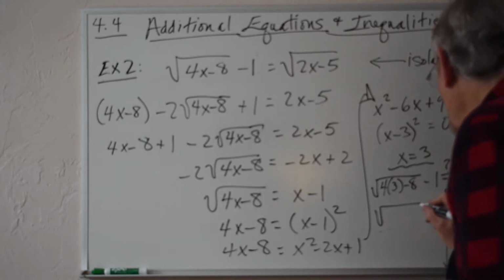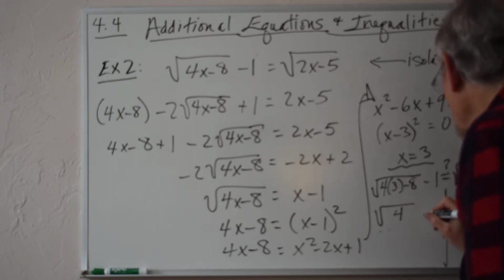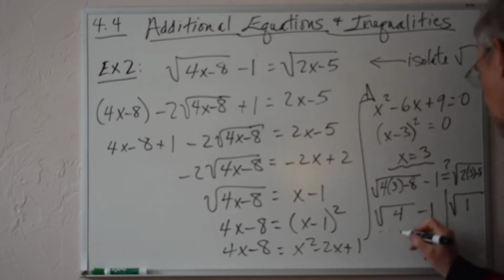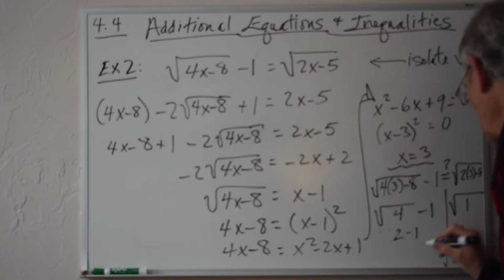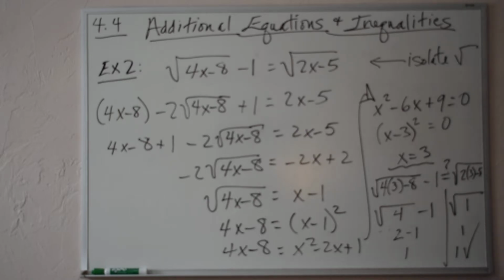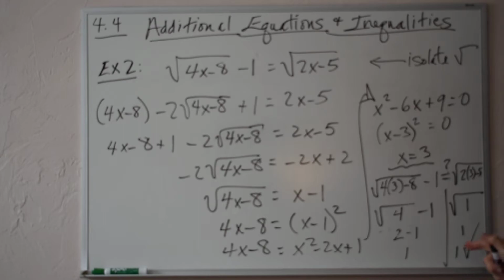Over here I get square root of 12 minus 8, which is 4. Over here I get square root of 6 minus 5, which is 1. So I get 2 minus 1, which is 1. So it checks. So in fact, the equation does have a solution, and the solution is x equals 3.